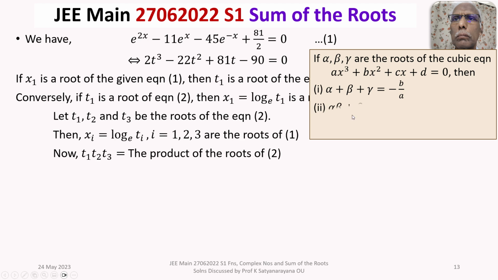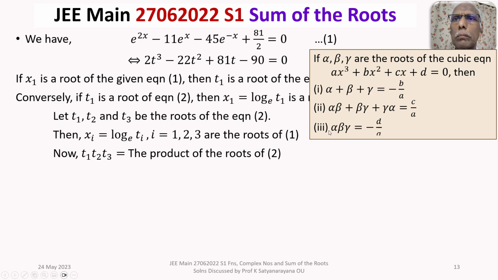And second one, the sum of the products of the roots taken 2 at a time. Alpha beta plus beta gamma plus gamma alpha is equal to the coefficient of x by the leading coefficient, that is c by a.